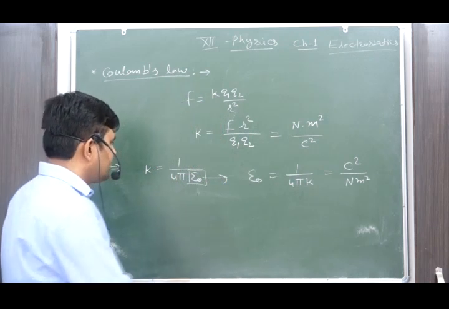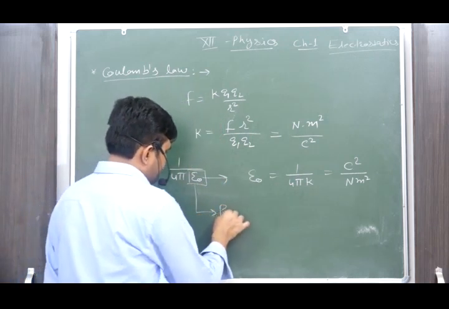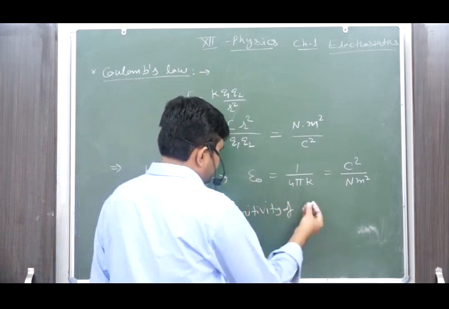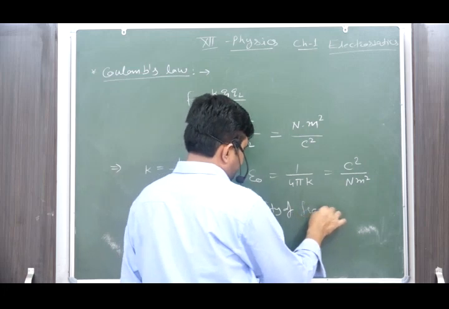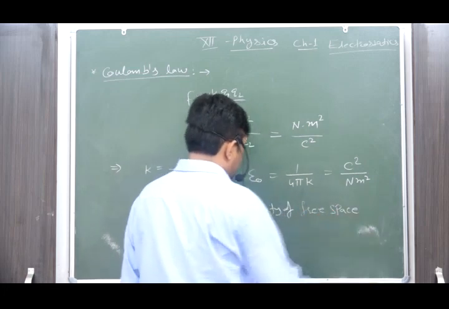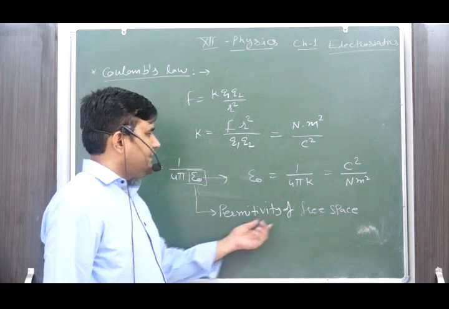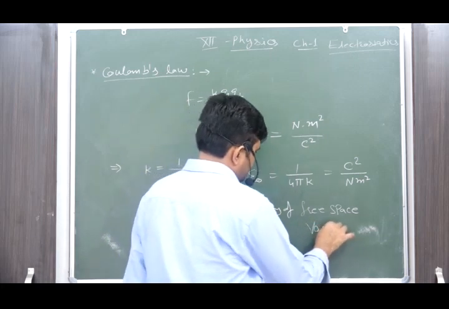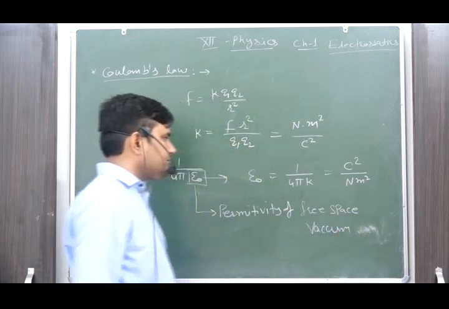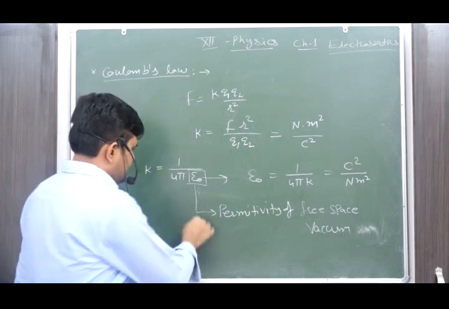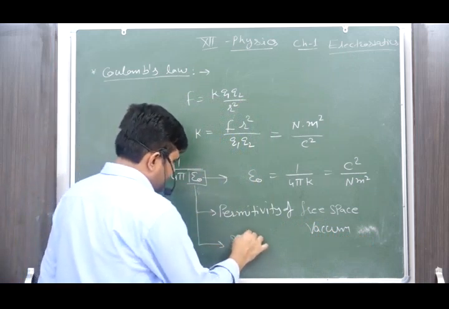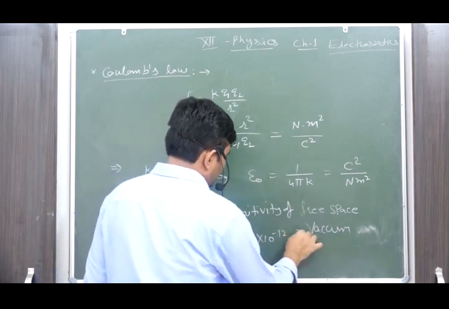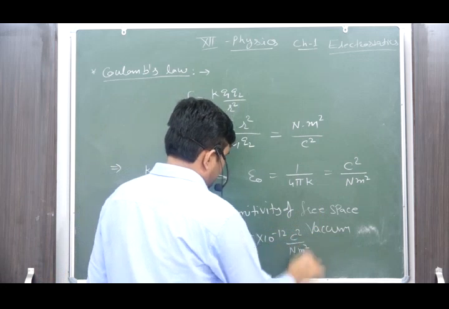Epsilon naught is the permittivity of vacuum or free space. Its value, already mentioned, is 8.85 into 10 to the power minus 12. Unit is Coulomb square per Newton meter square.